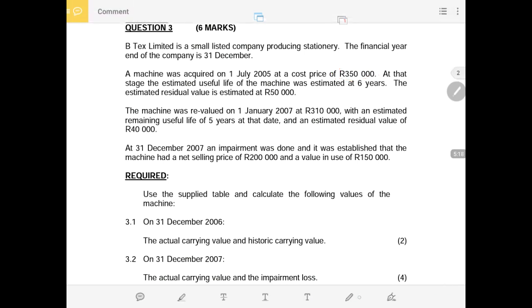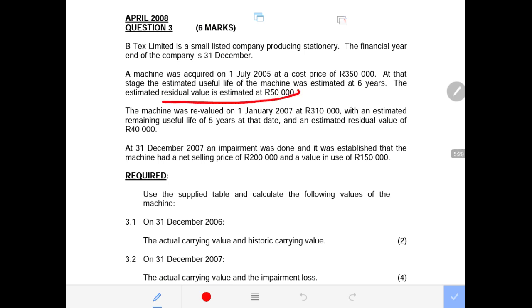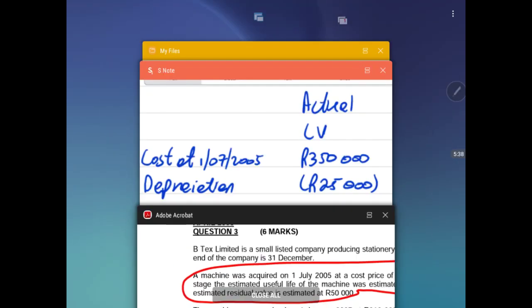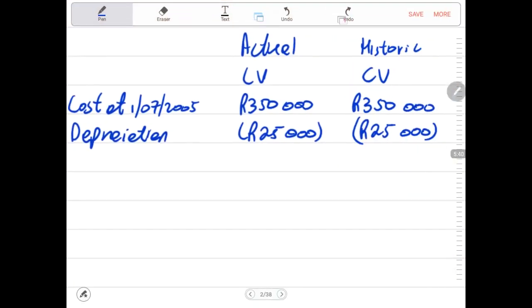So this is what took place in the year 2005. Let us look at the year 2006. They say the machine was revalued on the 1st of January 2007, meaning the whole of 2006 nothing happened, things were normal. So that means we need to calculate depreciation for the year 2006.